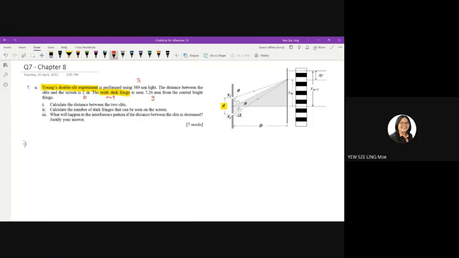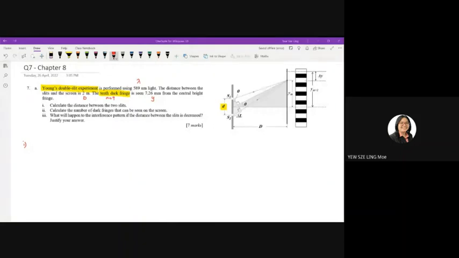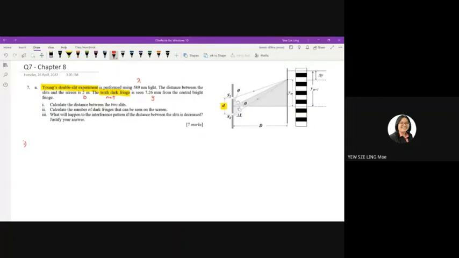You just have to apply the equation. The equation for double slit interference for dark fringe is y equals (m plus half) lambda D over d. All right, so that is your equation.